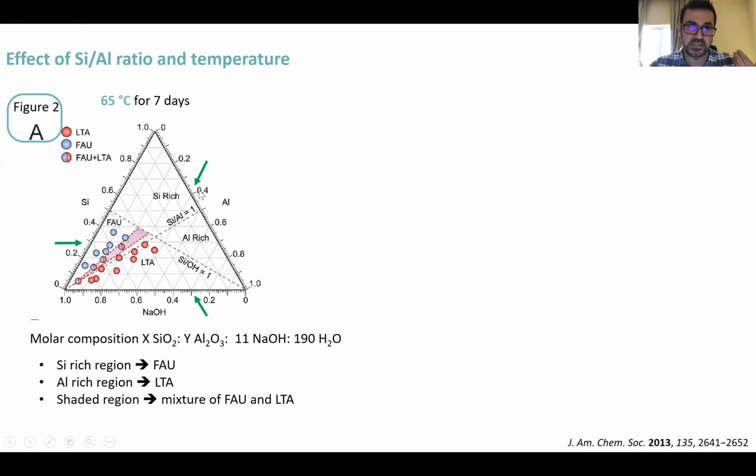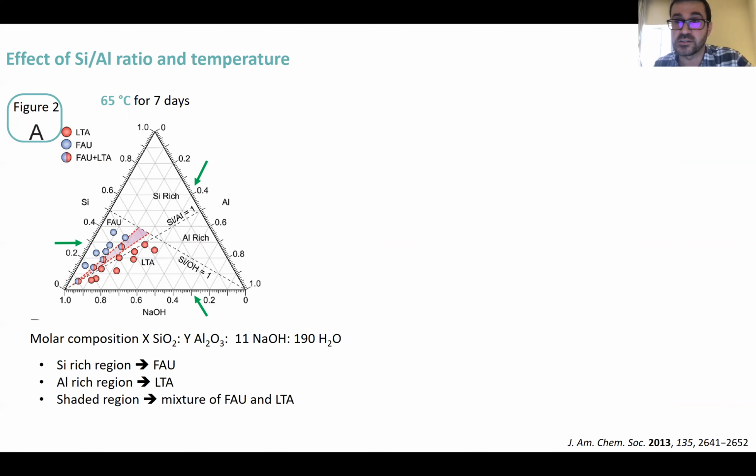Each time we change the alumina, putting more alumina or less sodium, or the inverse, we have a different color, which means we are getting a different product. For some of them, you can have a mixture of products, not clean. All this is because we introduced more alumina or less sodium hydroxide.